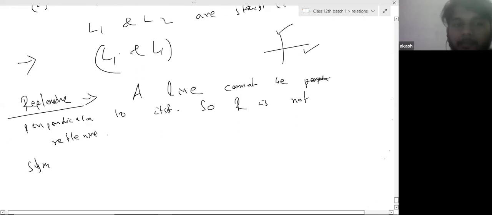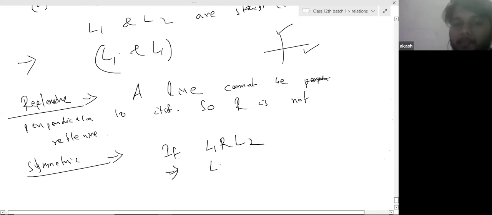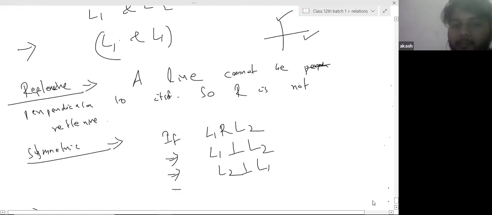For symmetric, if L1 is related to L2, this implies that L1 is perpendicular to L2. This implies that L2 is perpendicular to L1. This implies that L2 is related to L1 also.